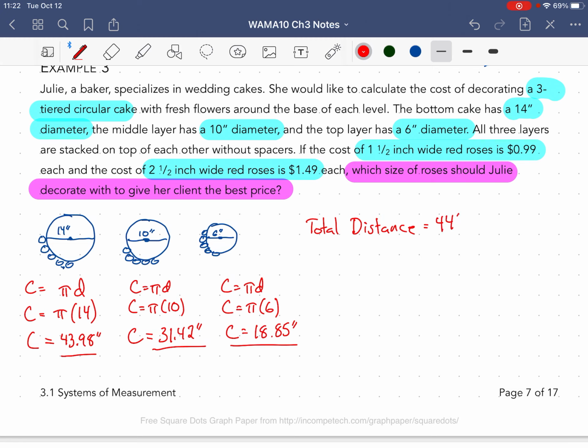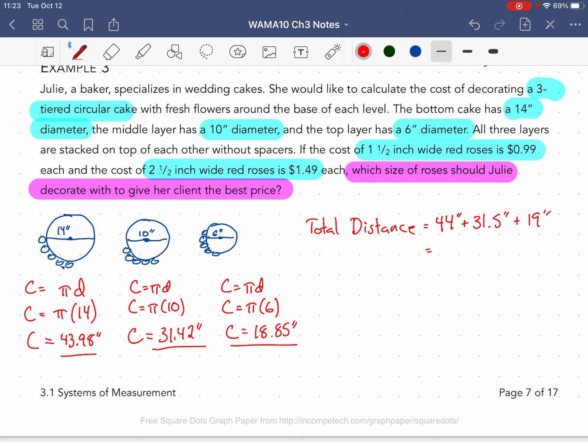So it's going to be 44 inches plus 31.5 inches plus 19 inches. So I'm just overestimating a little bit. Because if I overestimate the distance, then I'll overestimate the roses. Then I'll ensure that I have enough roses.